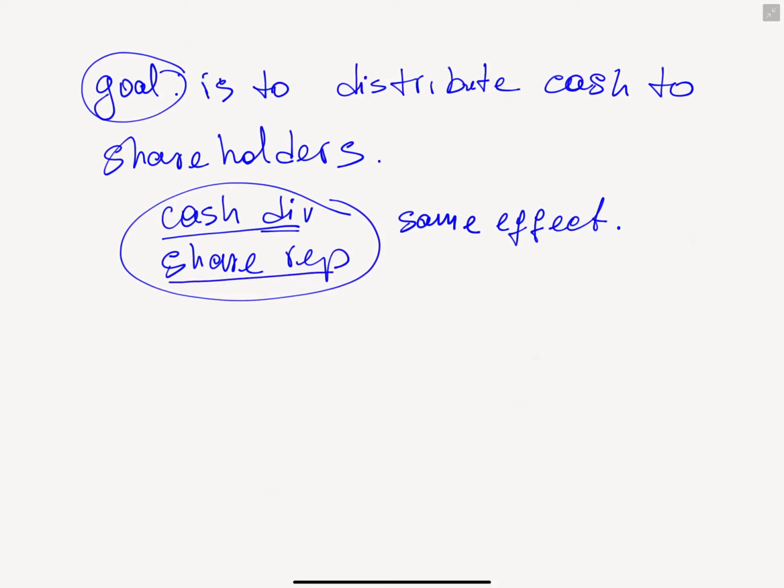The cash is transferred from the company to shareholders. It's like going to an ATM: you get cash from your bank card and put it in your pocket. That's the same effect. Let's discuss further by giving some examples.